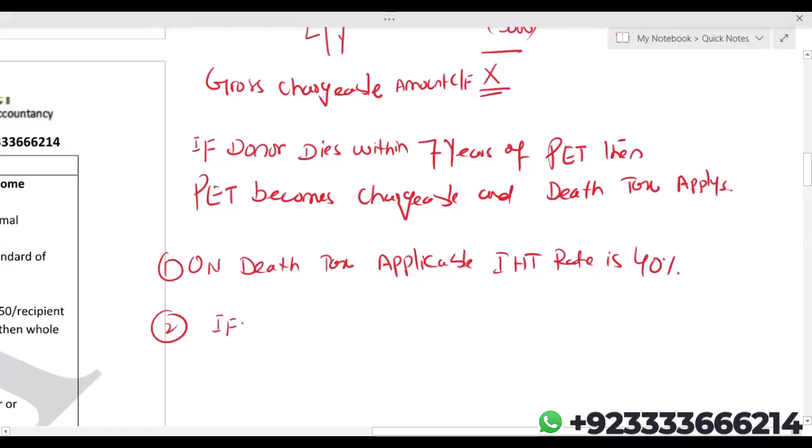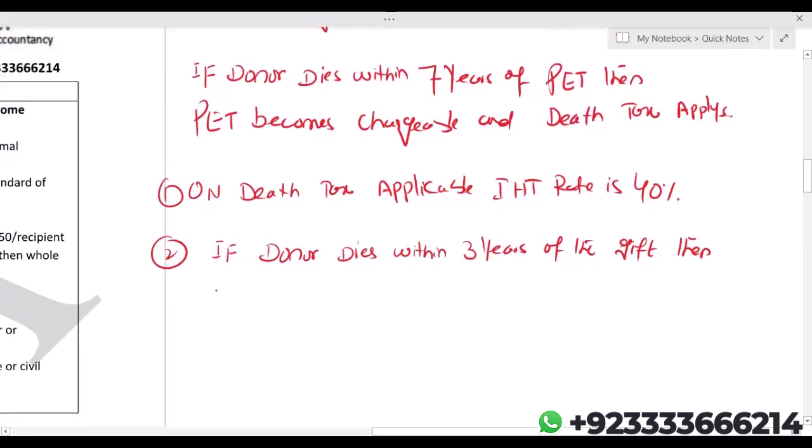Taper relief is only available on death tax, and taper relief is only applicable when the donor dies at least after 3 years of the gift. If the donor dies within 3 years of the gift, then no taper relief is available.